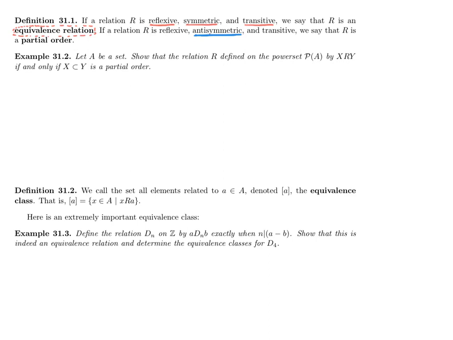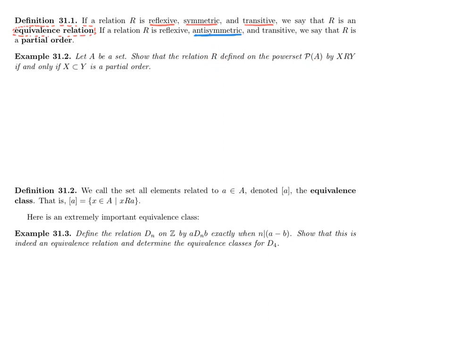We'll start with a partial order. Let's say we have a set A and we want to define a relation R on the power set of A. So our relation is going to have elements of P(A) cross P(A) in it.